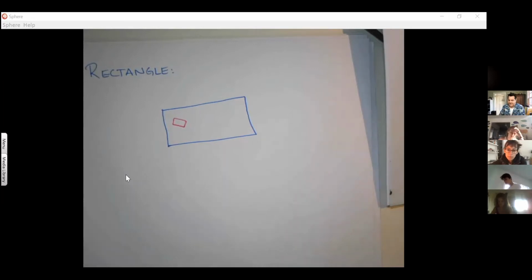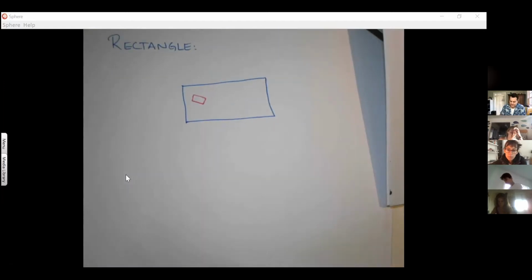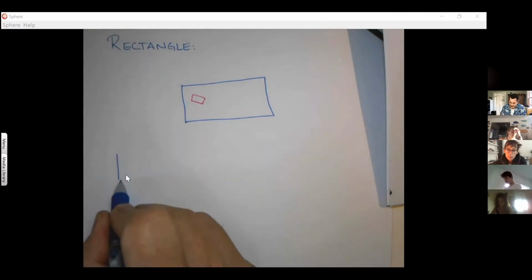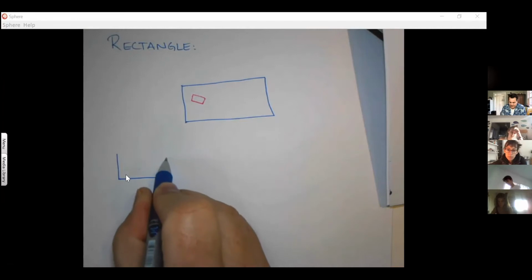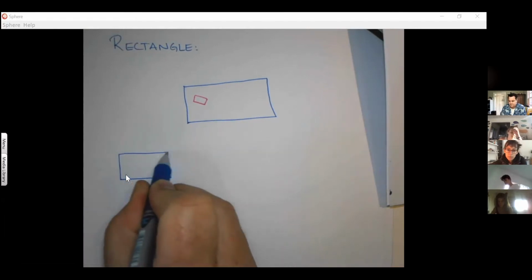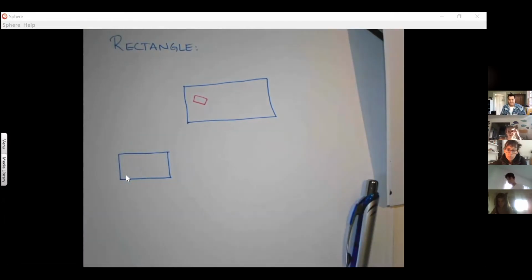I think to dig into this a little bit, I want to kind of propose a few things. Let's say I take just a regular rectangle, no hole cut out of it. How could I slice it in half? Not a trick question. What could I do to slice that exactly in half?